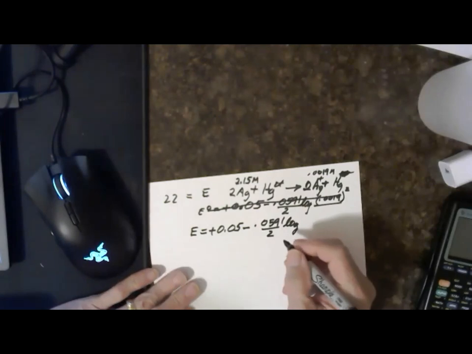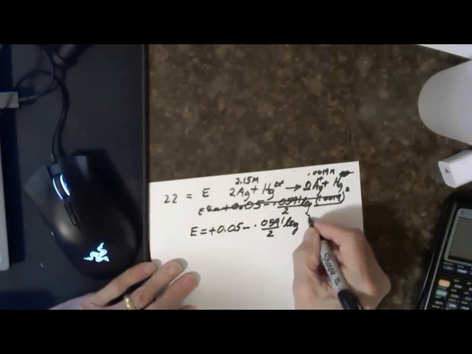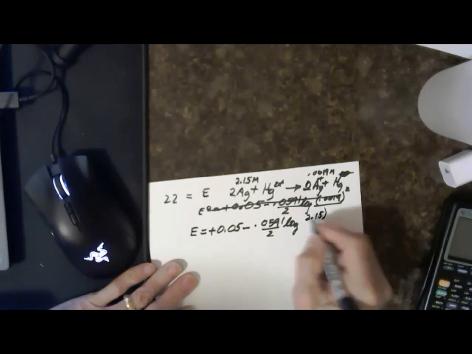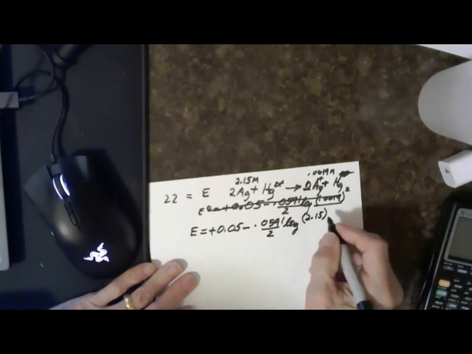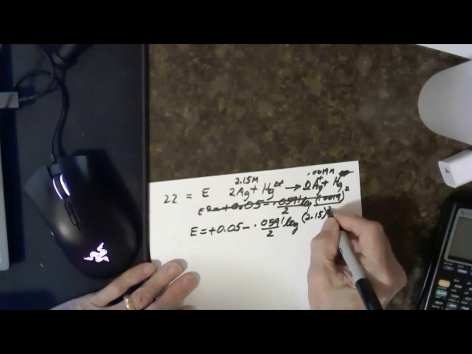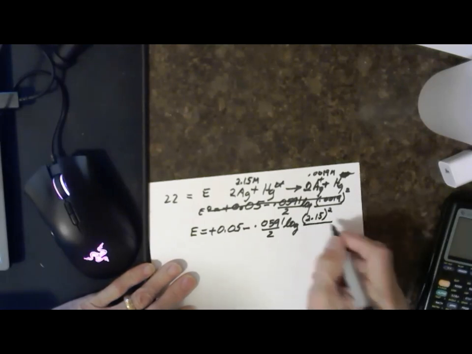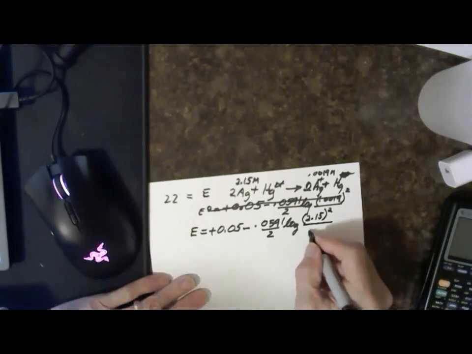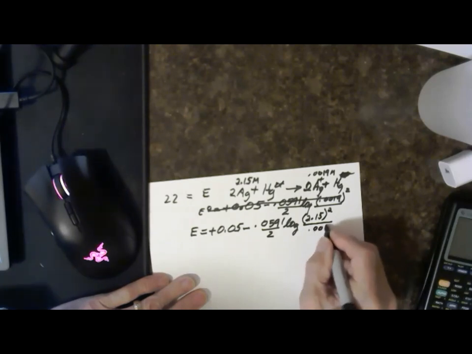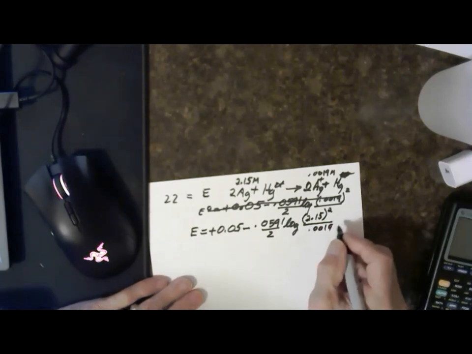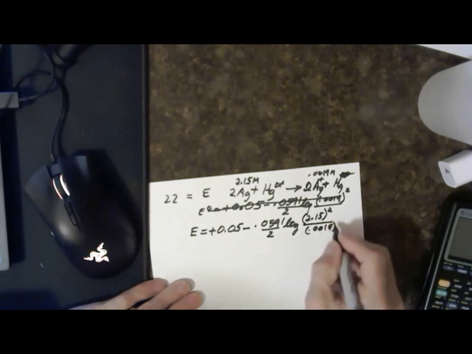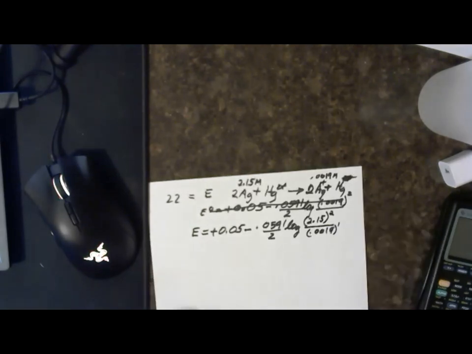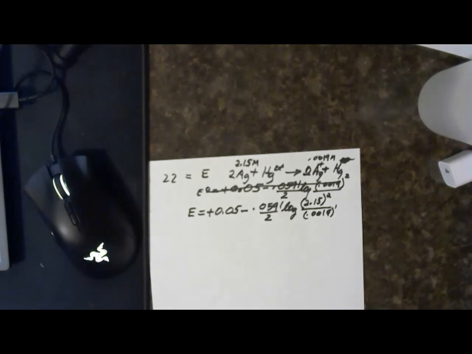Yes, the silver ion concentration is 2.15, and that is squared, divided by the mercury concentration, which is 0.0019, and that's to the first power. Okay, so let's do the math.